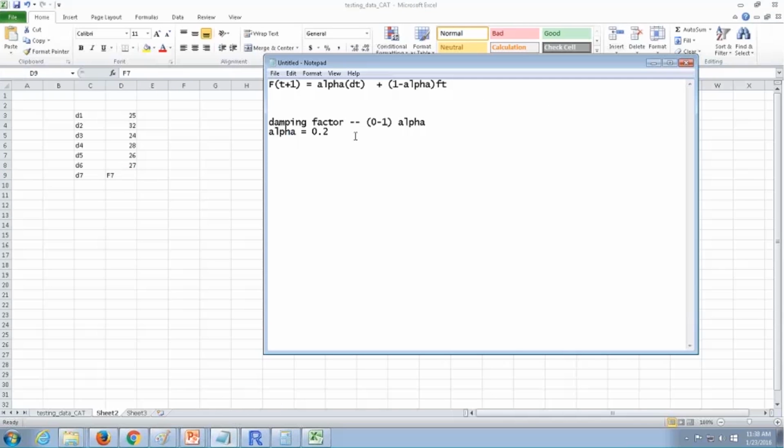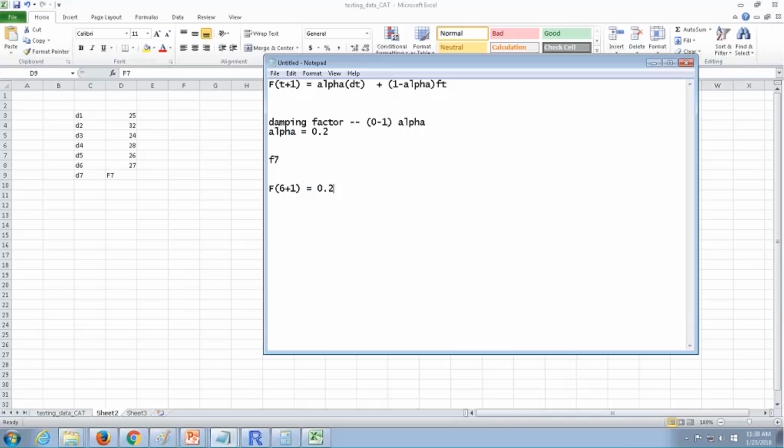Based on this formula, what is the value that you have to calculate here? What is the value you need to get? It is F7, right? If I substitute F7 in this formula, what is the value of t here? It is 6. So it will be in the form of 6 plus 1. What is my alpha that I took here?